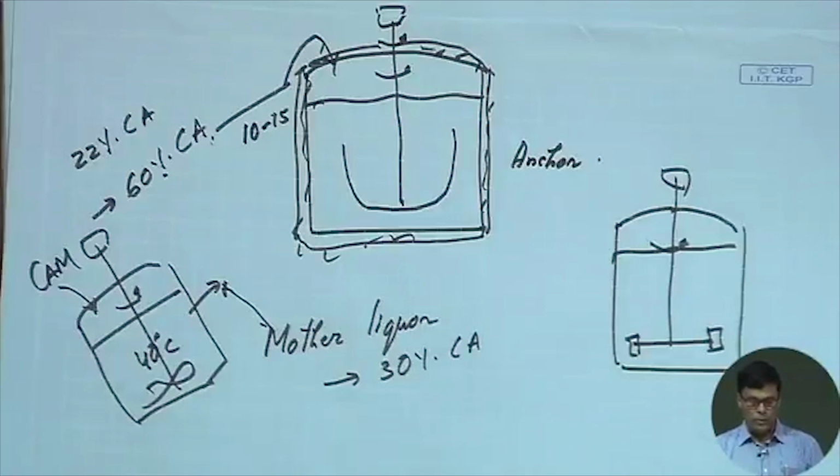So in today's presentation, I tried to discuss three things. One is centrifugation, how we can separate solid from liquid through centrifugation. Then I talked about the evaporation techniques, the different types of evaporation techniques used.